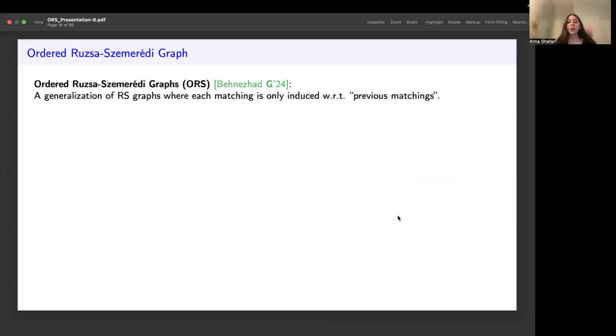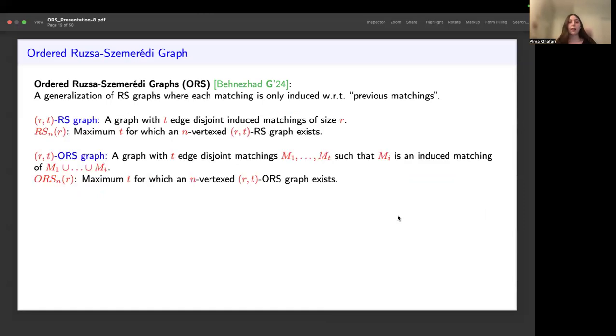Now let's define order Ruzsa-Szemerédi graphs. The generalization is defined in a way that each matching is only induced in the matchings appearing previous to it. To be more exact about it, a graph with T edge disjoint matchings M1 through MT, such that Mi is an induced matching in only M1 through Mi.